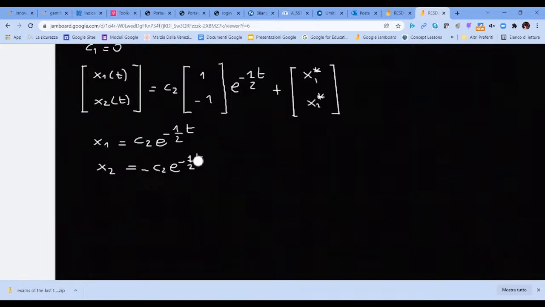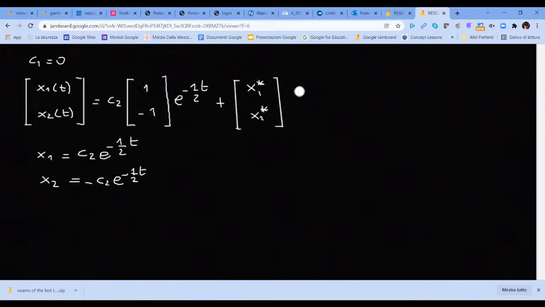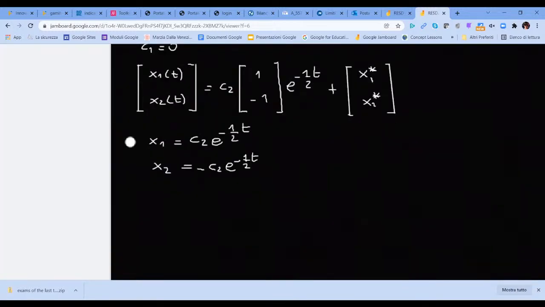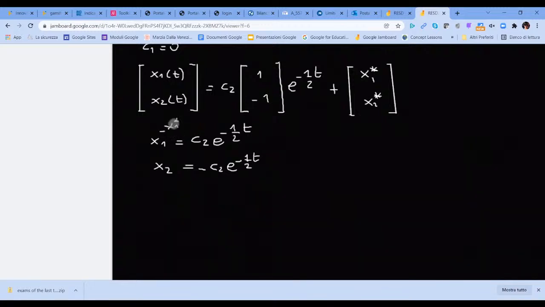If we have the same computation as in the previous exercise, we had +3 and +6. So it is as I wrote x1 minus x1 star, but it is 0, so it doesn't count. What do we have now if we put C1 equals to 0?